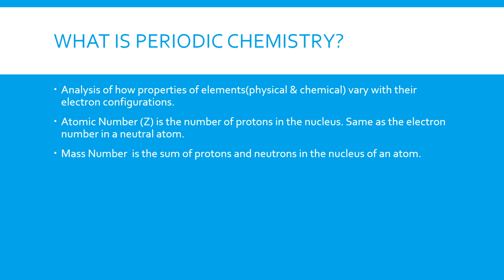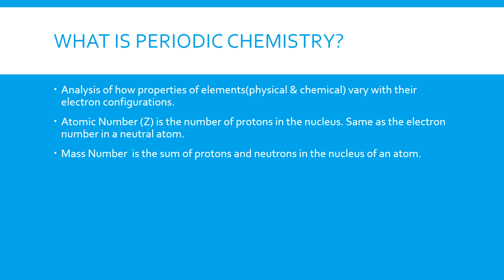Okay, that is basically what periodic chemistry is about. Analyzing how physical and chemical properties vary, the variation, the changes. You get it? There are some points where they are similar, and there are other points where they are entirely different. Okay, so it's just analytical work we are going to do.